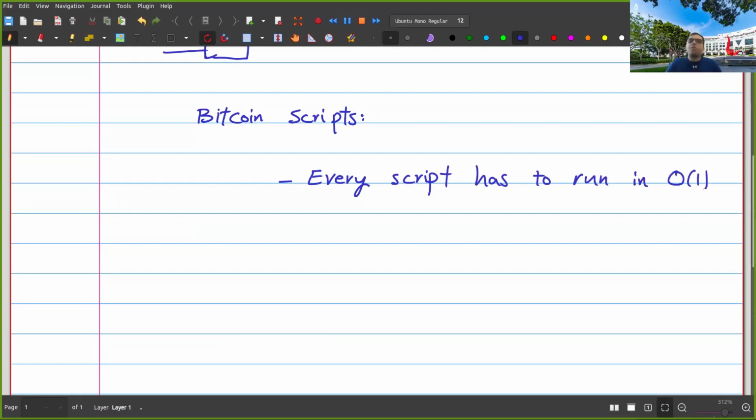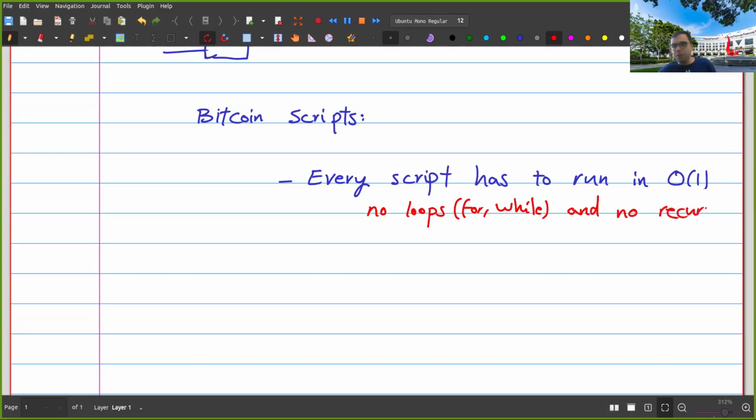This means that the programming language in Bitcoin for writing your scripts does not have a for or a while. It does not have functions that can call each other and create recursion. You cannot do anything that would simulate a loop. So no loops, for or while, and also no recursion.